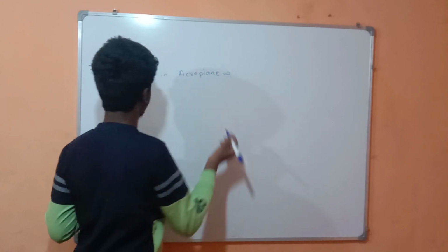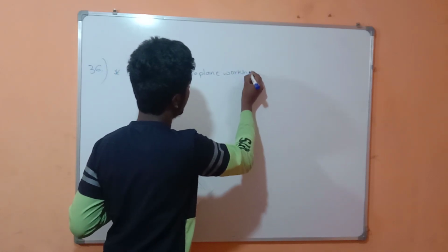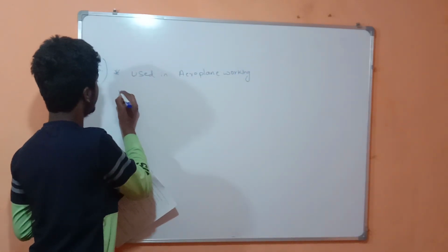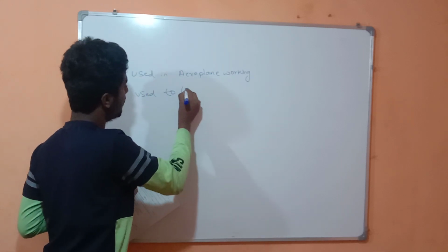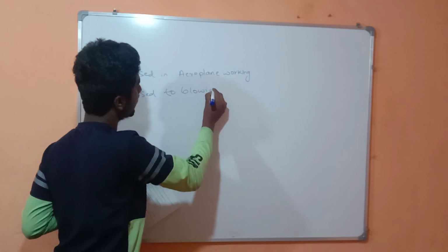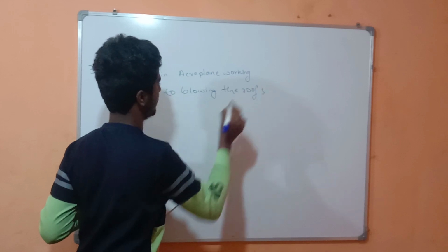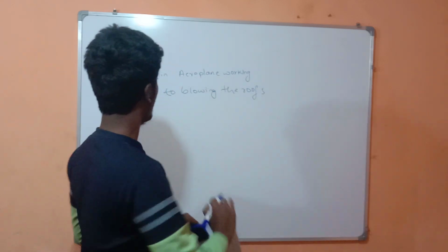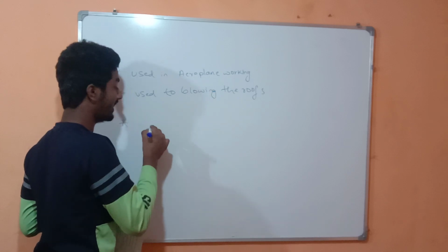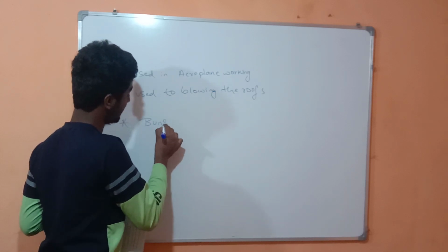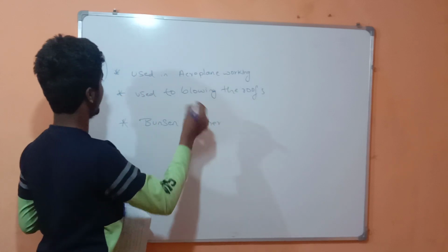It is also used in blowing off roofs, children, as well as in the Bunsen burner. Bunsen burner, children.